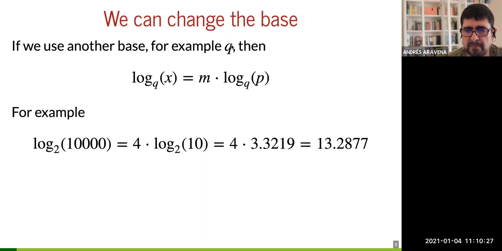If instead of P, you want to use Q, you get a little math, you get essentially the same M that you had before, multiplied by a constant, the logarithm of P2. So to move from P to Q, you multiply by a fixed number. You calculate that fixed number only once, and you will use it a million times. So they are essentially the same. The curves, if you draw the graphic, are the same, just with a factor of scale.